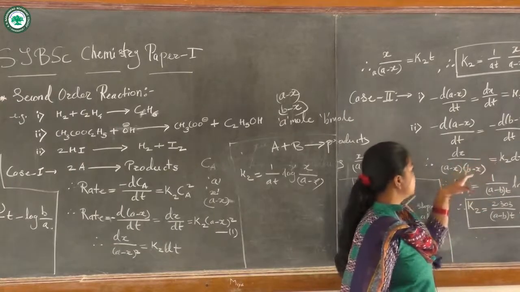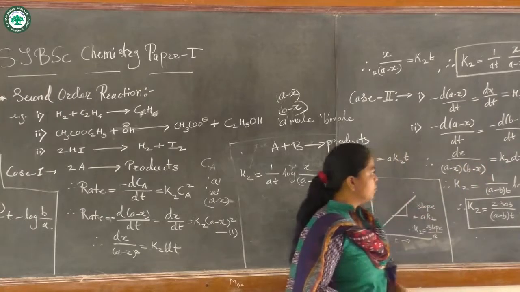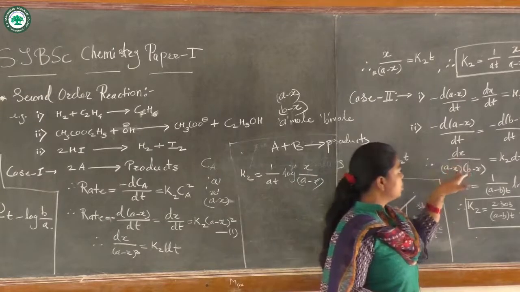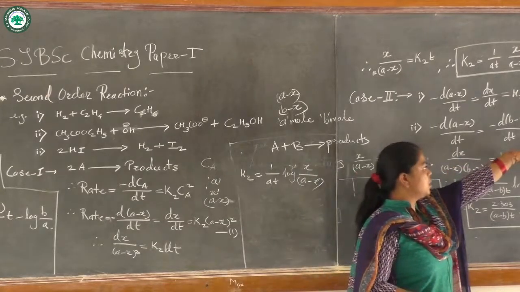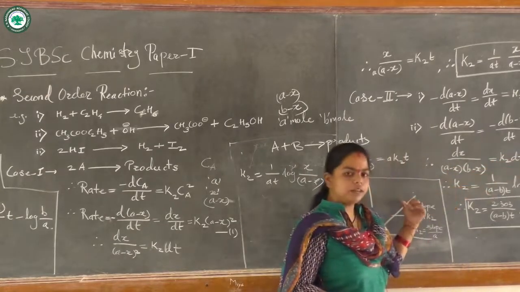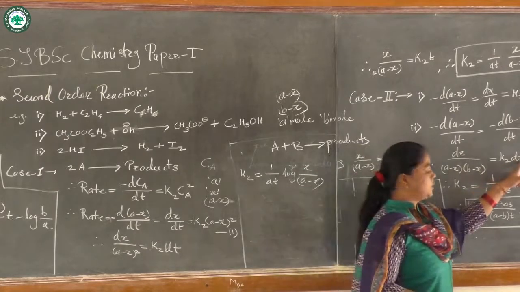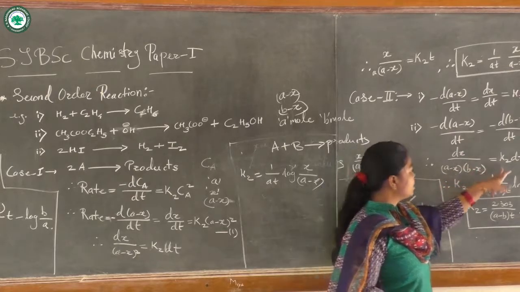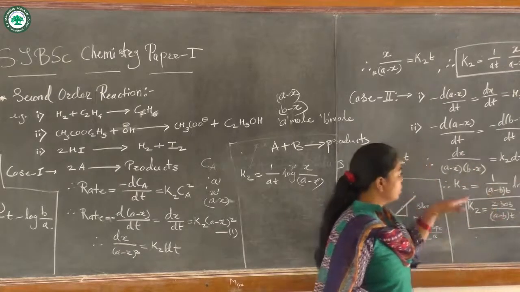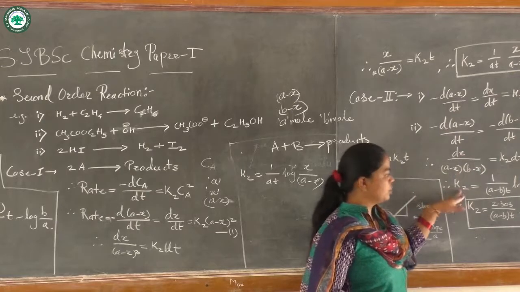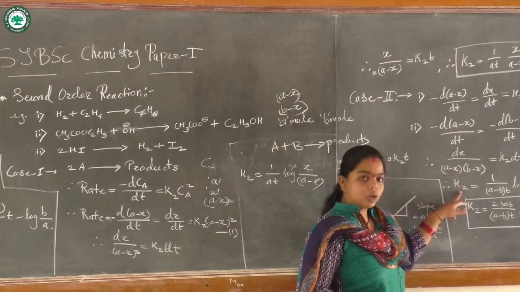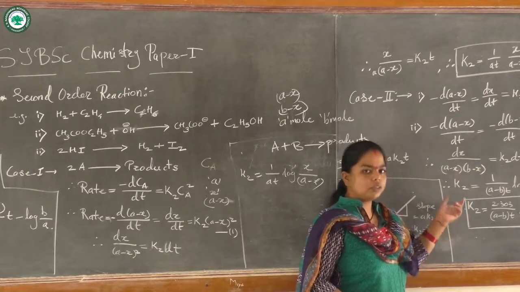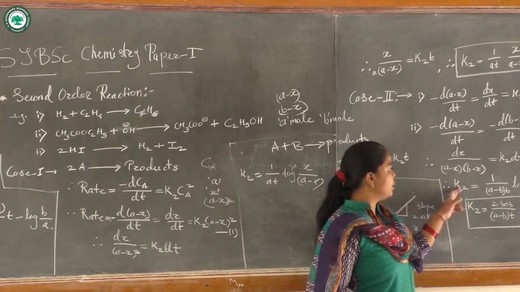Now we can take the integration for this equation. The x terms can be shifted to the left side and the t term should be on the right side. So dx upon (a minus x) into (b minus x) equals K2 dt. Further we can solve this equation by taking the integration and log. We have not shown it here because it is much more complicated, and it is not necessary to write it directly. We can put the values here.